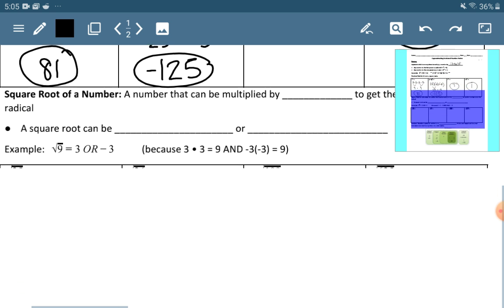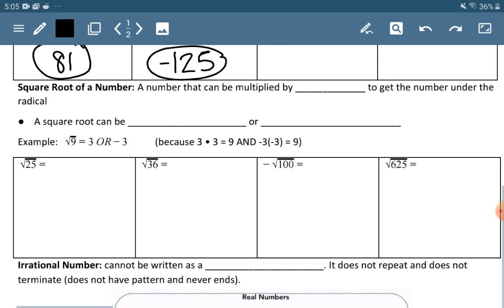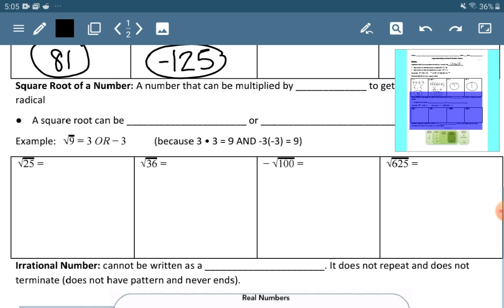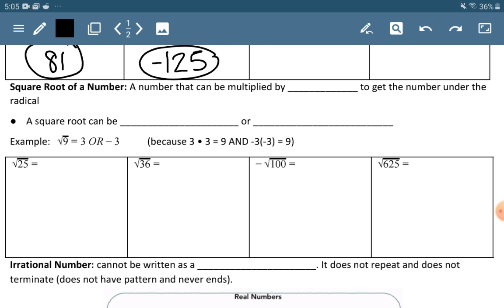The other thing we have to review is square roots. So a square root is a number that is multiplied by itself to equal or get the number under the radical. That kind of check mark, division sign looking thing is called a radical.